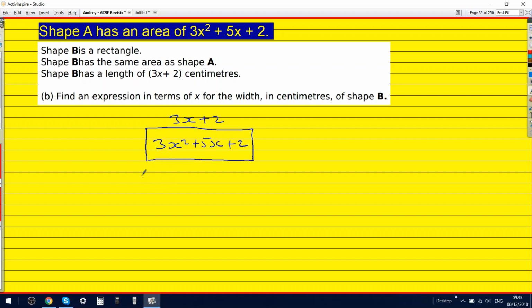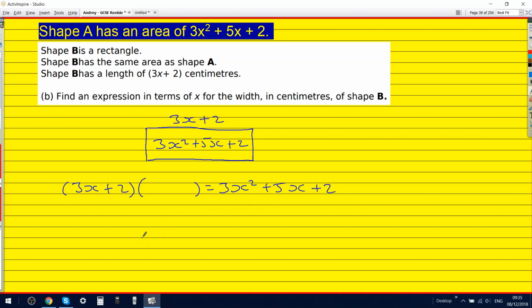Yeah. Or another way to think of it is, base times height equals area. So it would be 3x plus 2 times what gives you that area.